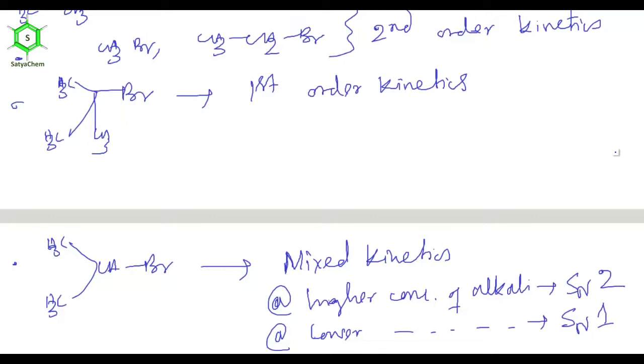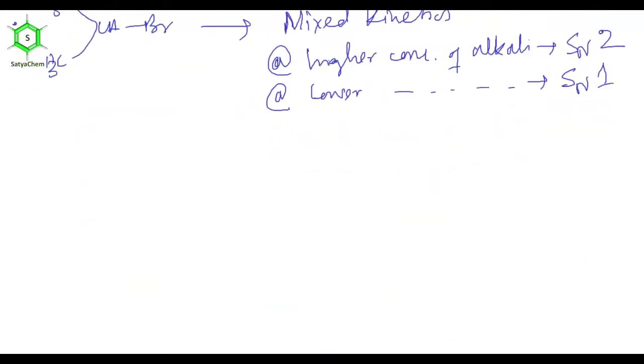So in seeking an explanation for the observed changeover in the mechanistic pathway, we need to consider in each case the effect of both electronic and steric factors on the transition state. That is very important.